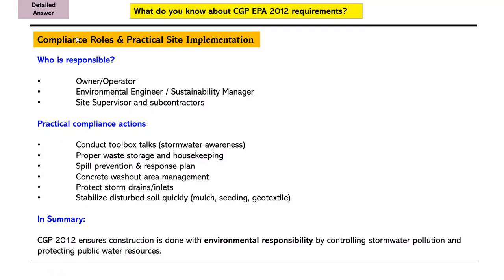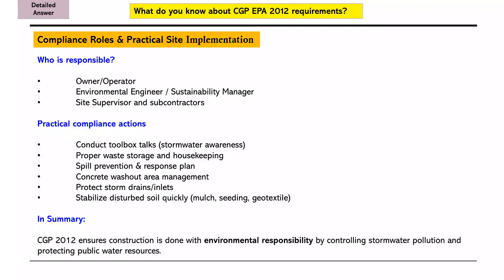Then we have the next explanation for compliance roles and practical site implementation. Who is responsible for all these sustainability activities at any construction site? First of all, the client or owner or operator of the project. For example, if you are working in the UAE, mostly the government is responsible, but ADNOC is the client, so they are responsible for owning that project.